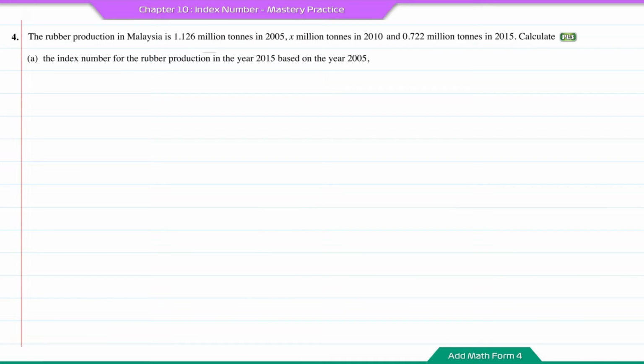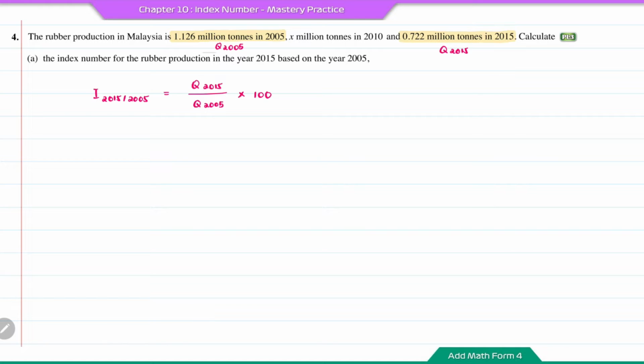Question number 4. The rubber production in Malaysia is 1.126 million tons in 2005, X million tons in 2010, and 0.722 million tons in 2015. Calculate A. The index number for the rubber production in the year 2015 based on the year 2005. So here we already have the quantity in the year 2005 and the quantity in the year 2015.